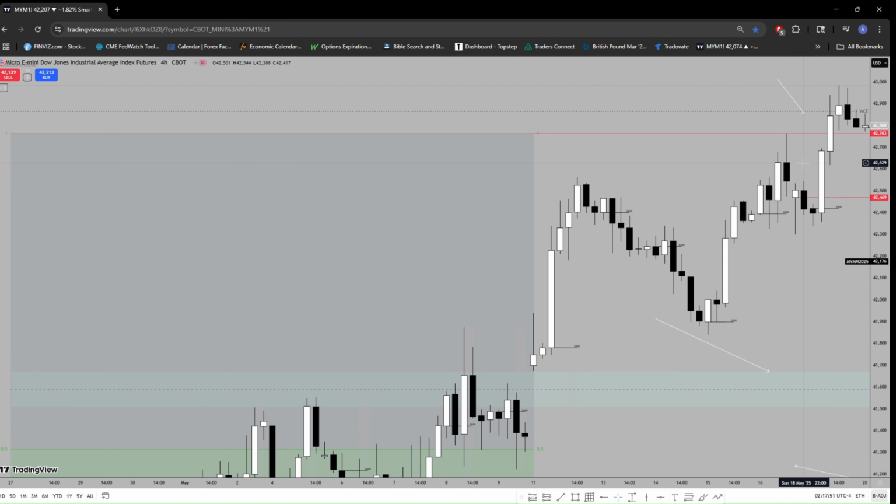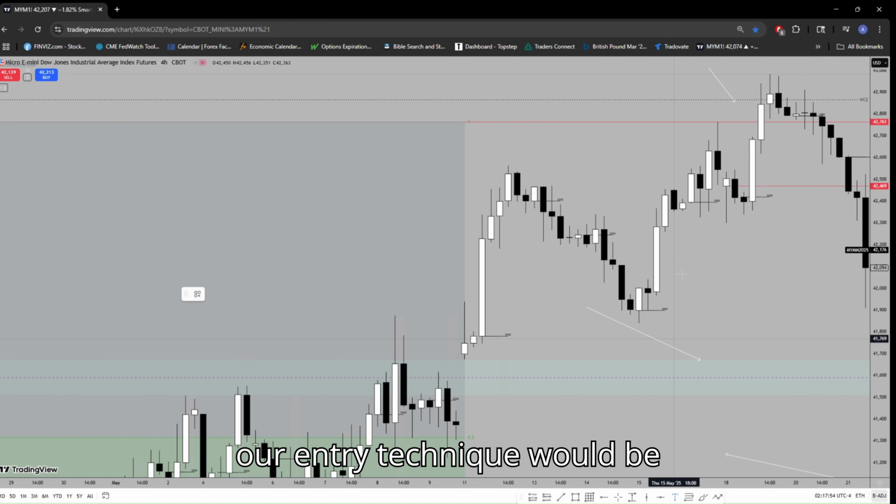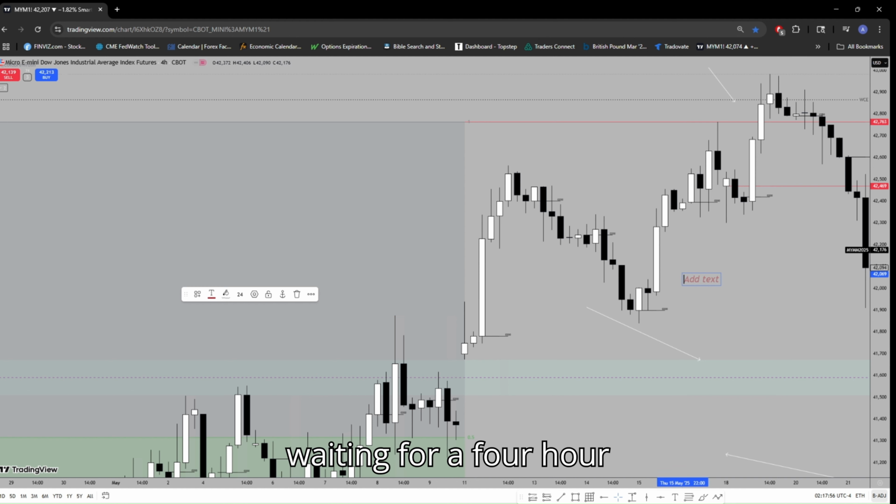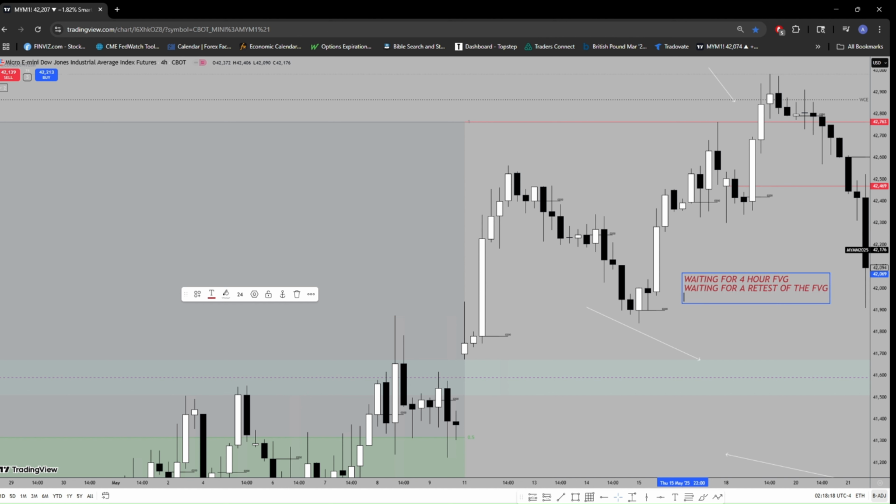So our entry technique would be waiting for a 4-hour fair value gap, waiting for a retest of the gap, and entering at the open of 50%.